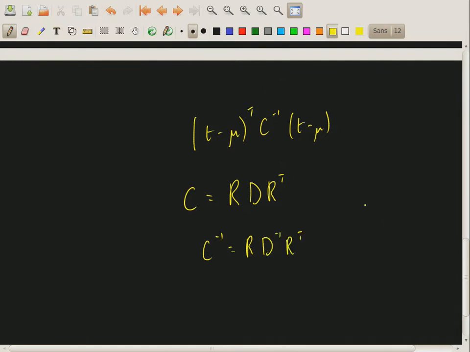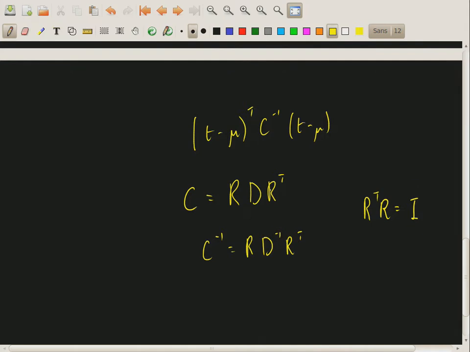Why is that? Because by definition, R transpose R is equal to I, because it's a rotation matrix. Remember, if you apply a rotation matrix and then you apply the rotation matrix transpose, you're just reversing the rotation. So the final result is simply stay where you are. And the stay-where-you-are matrix is the identity matrix.